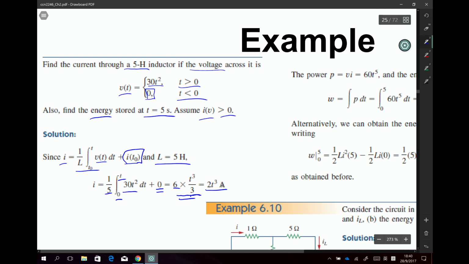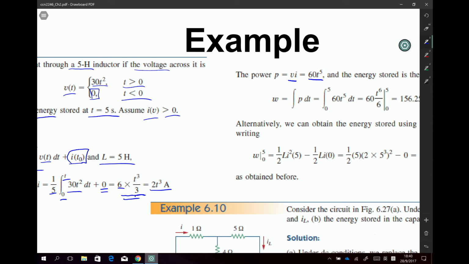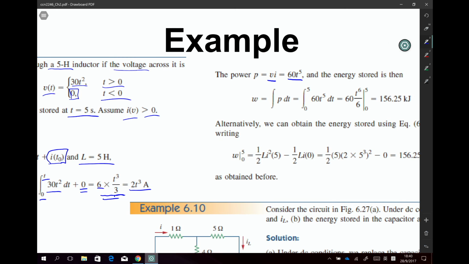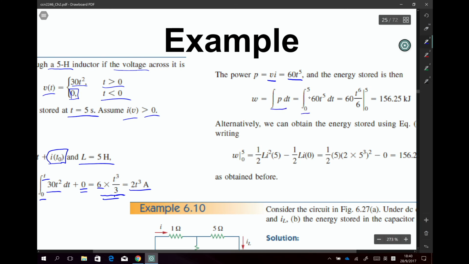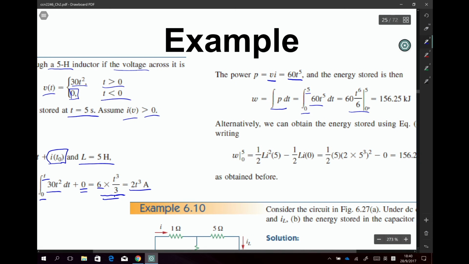If you are going to find the energy, you first find the power function. The power function is given by v times i, which gives you 60t to the power 5. Now you can compute the energy by taking the integral from 0 to 5 of 60t^5 dt. After you solve the integral, it is equal to 60 times t to the power 6 over 6, with the lower limit 0 and the upper limit 5.